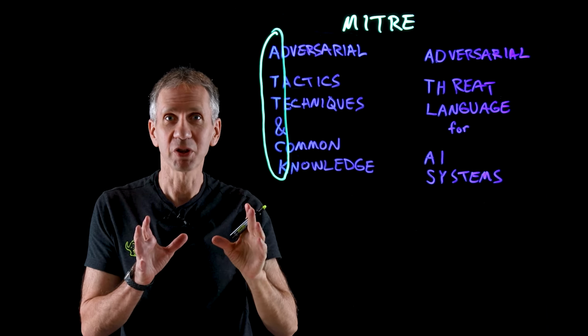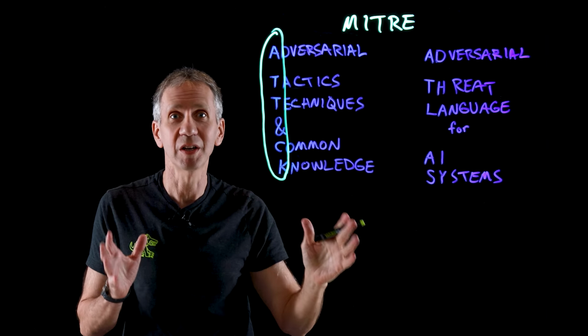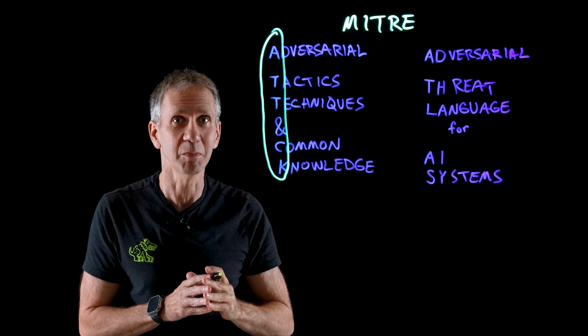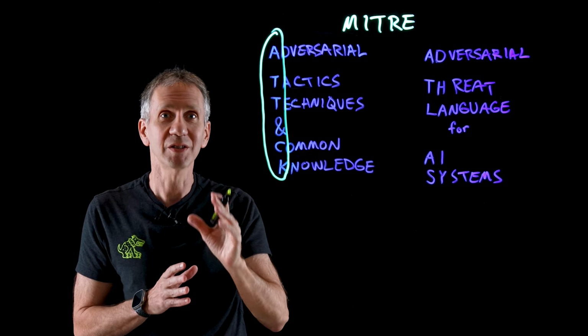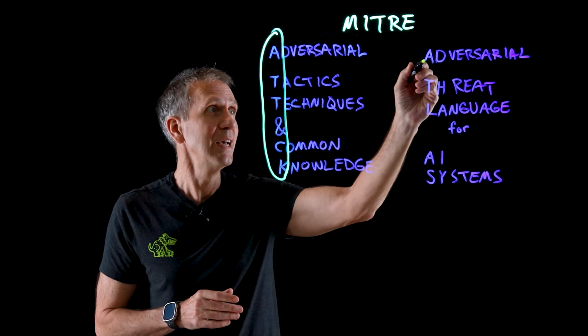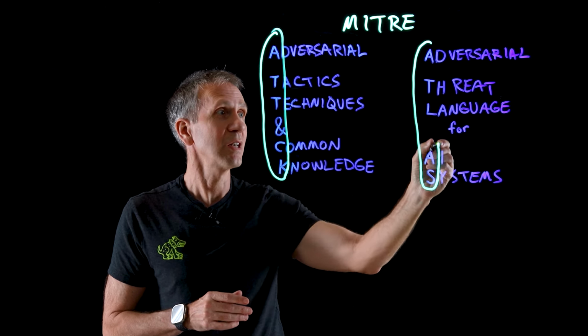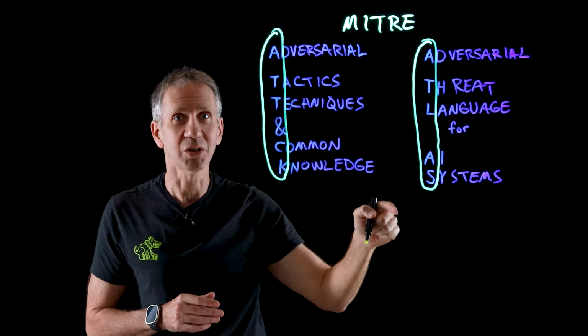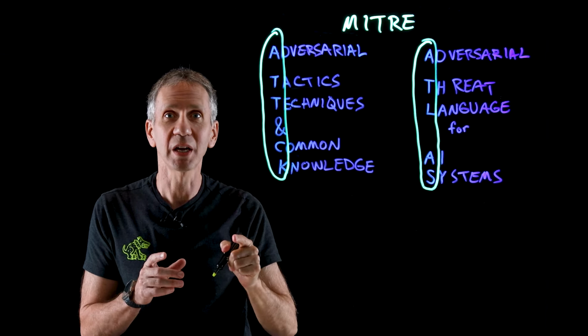It goes over cybersecurity attacks in general and shows you what the steps are, the things that an attacker could go through, so that you understand it better. Well, they built on that and came out with a new version that is designed specifically for AI. It's called ATLAS for short, the Adversarial Threat Language for AI Systems. So ATLAS is what we're going to take a look at today so that we can better understand this new class of AI-based attacks.